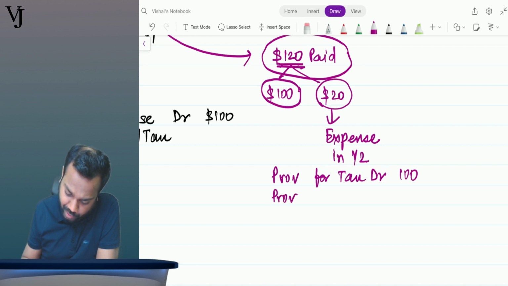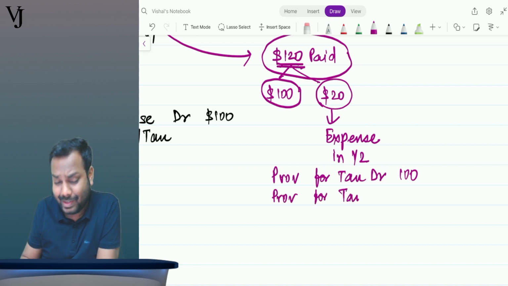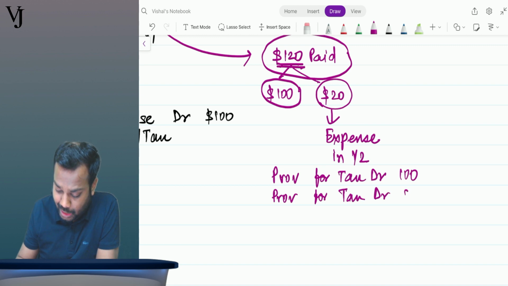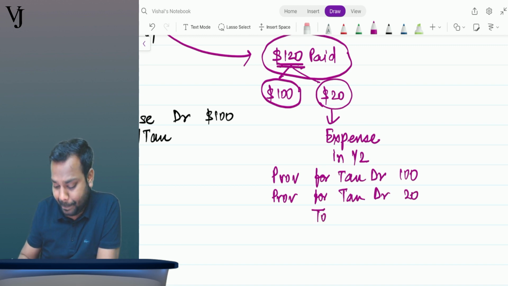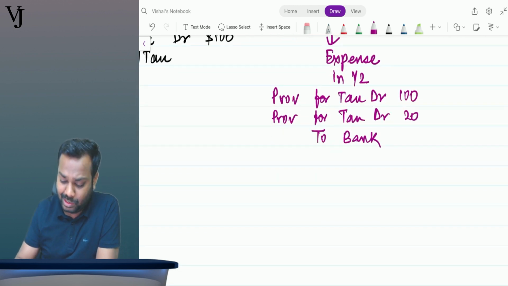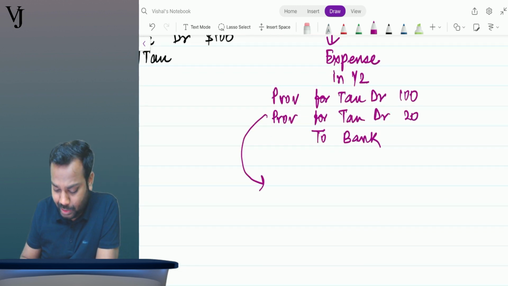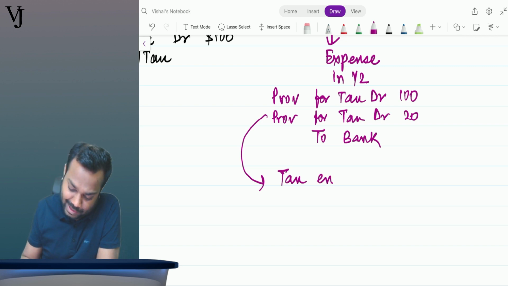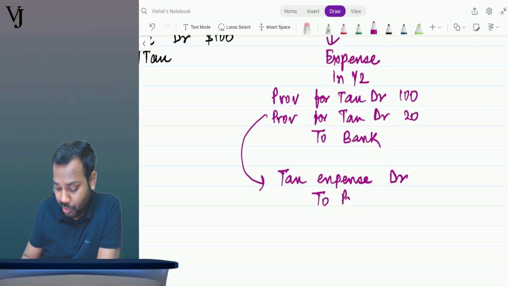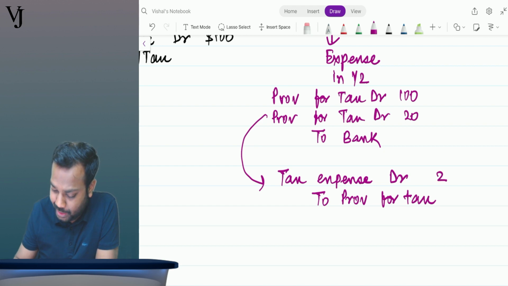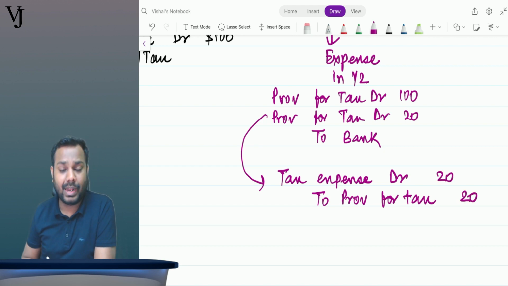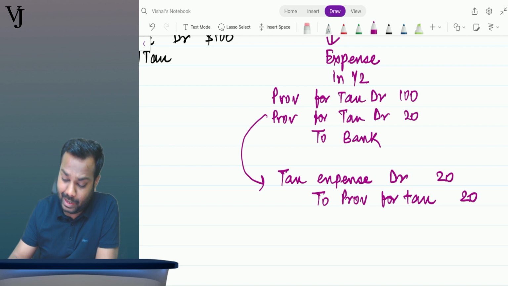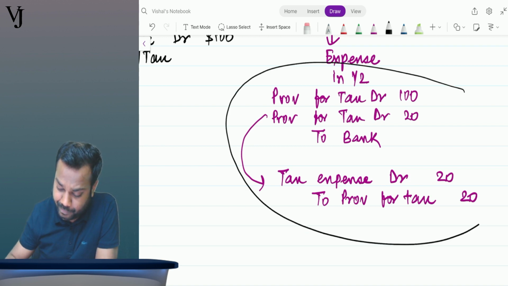Again, provision for tax, or some entities also say tax payable, account debit 20, to bank. Now this provision for tax we will transfer to tax expense. So tax expense account debit to provision for tax, how much? 20. Is it clear to everyone till here? I hope this entry is clear to everyone, right?